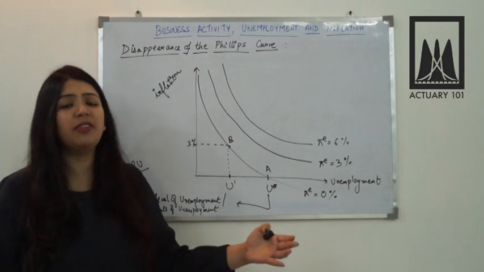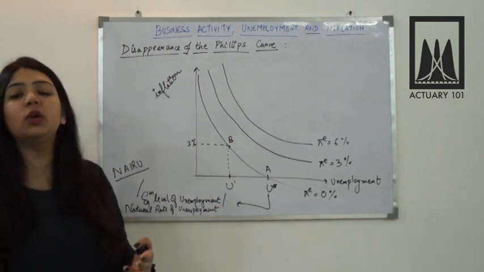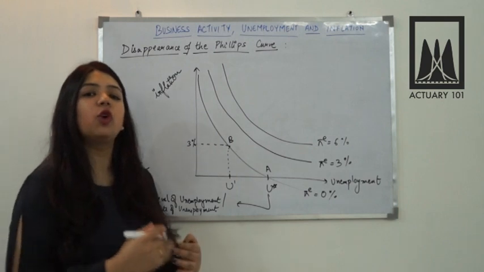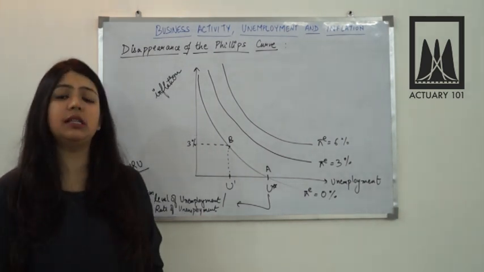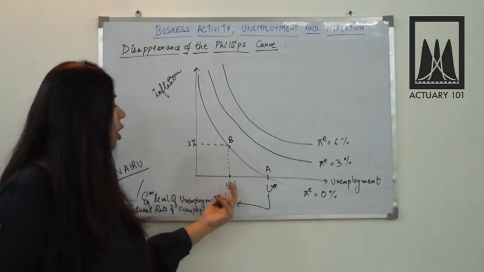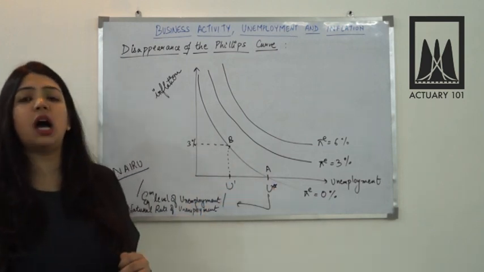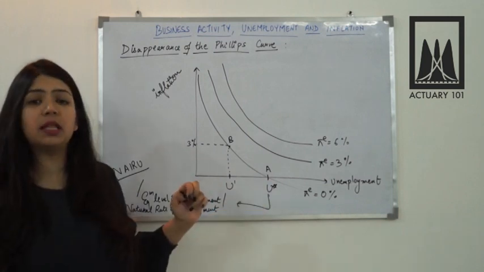Nominal includes inflation, real does not include inflation. So we are saying that nominal aggregate demand is increasing, but the real aggregate demand is not increasing. And that is why unemployment shifts back to the level U star, which was the original level of unemployment.